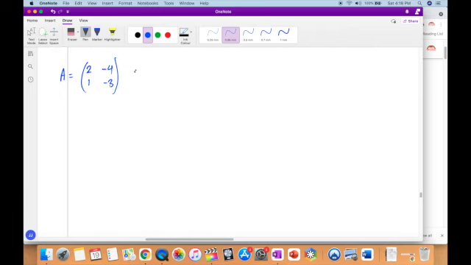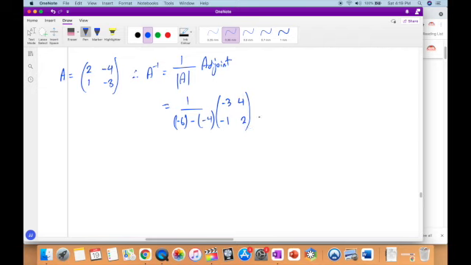So therefore, A inverse is equal to 1 all over the determinant of A times the adjoint, which is equal to 1 all over the determinant: 3 times 2, that is -6, minus 1 times -4, which is -4, multiplied by the adjoint, which is -3 here, 2 here, -1 here, +4 here, right?